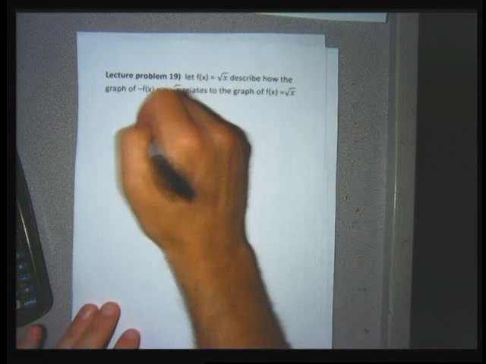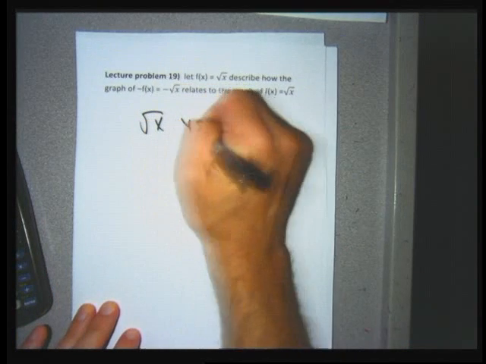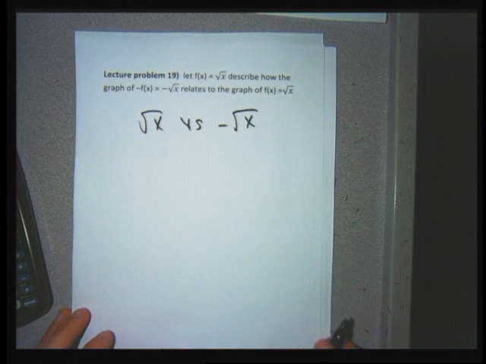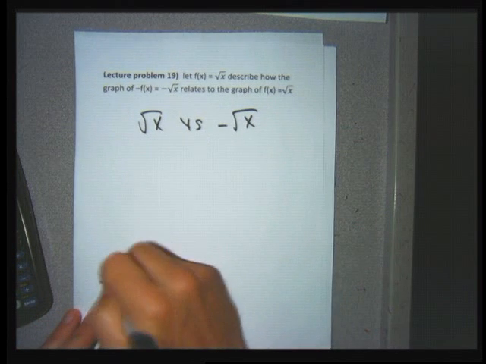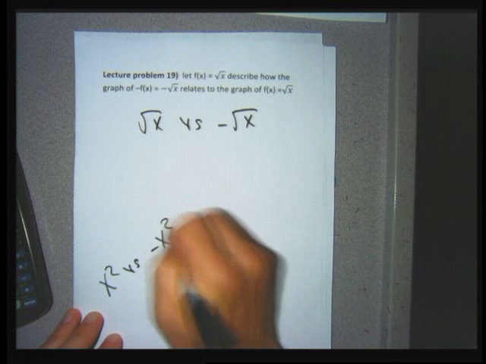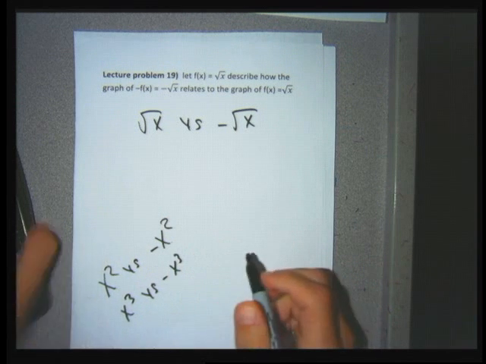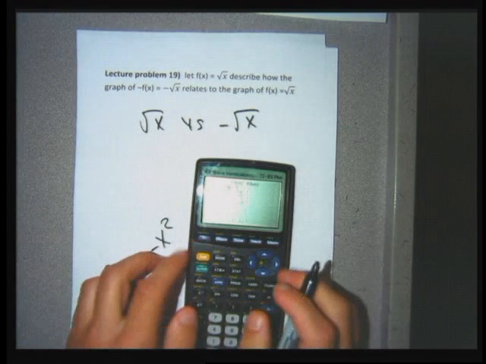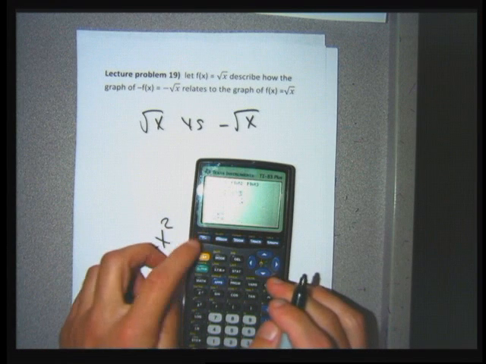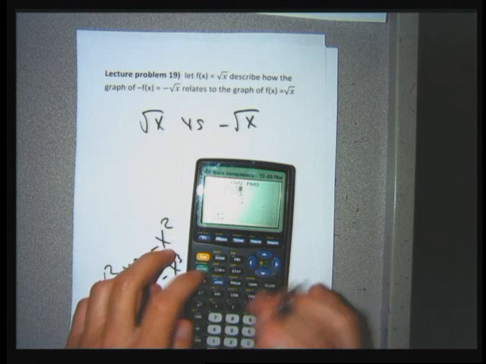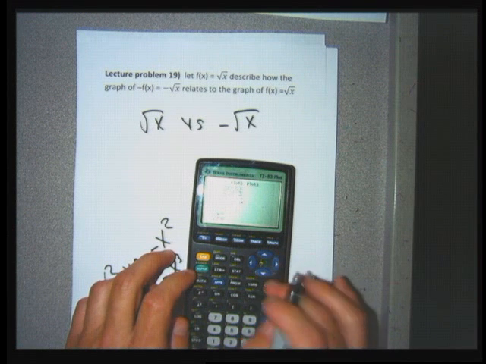Problem 19 wants me to compare the graph of the square root of x to the graph of negative square root of x. You can start to see a theme here. I compared x squared to negative x squared, x cubed to negative x cubed. The graph of the square root of x is that half parabola on its side.